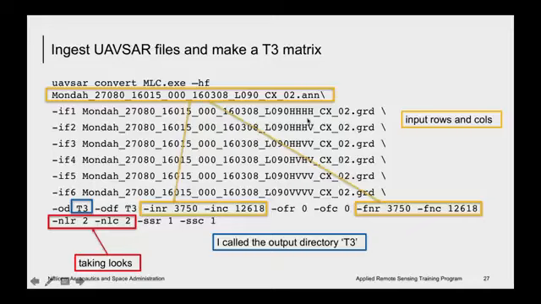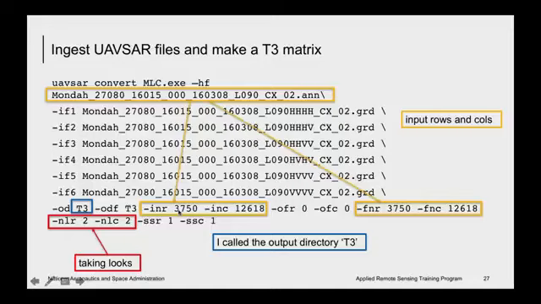Remember, there were 6, so 1, 2, 3, 4, 5, 6. The output directory, I'm calling it T3, but you can call it whatever you prefer. The output format is T3 because there are many different types of scattering matrix, but today I'll focus on T3.